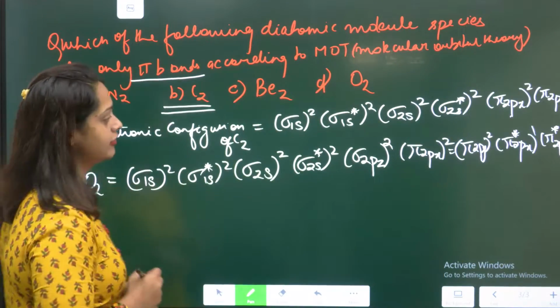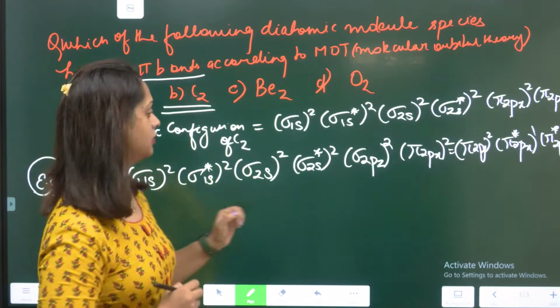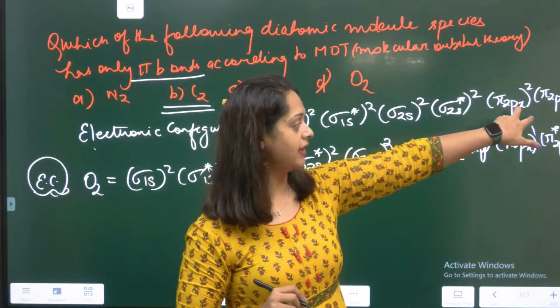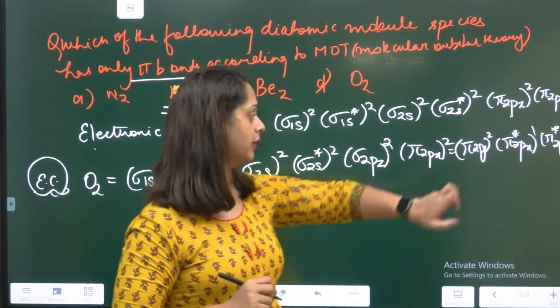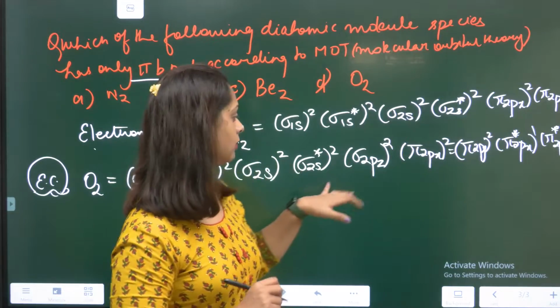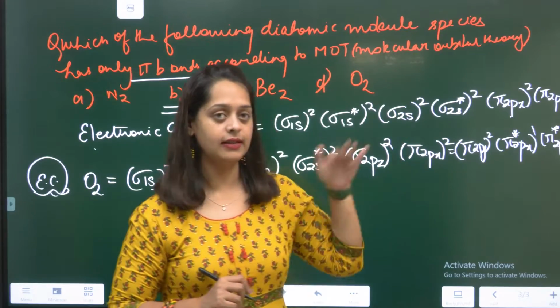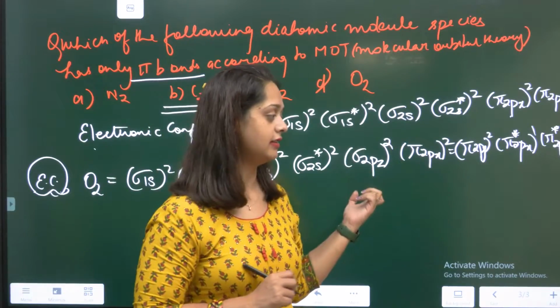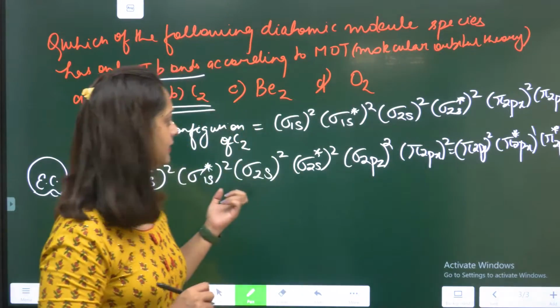In C2, the pi 2px and 2py are in lower energy, whereas in O2, sigma 2pz is in the lower energy, so that gets filled first. That is the difference.